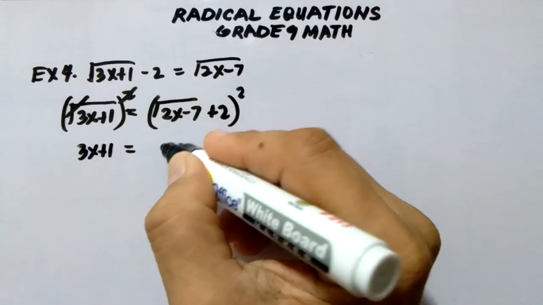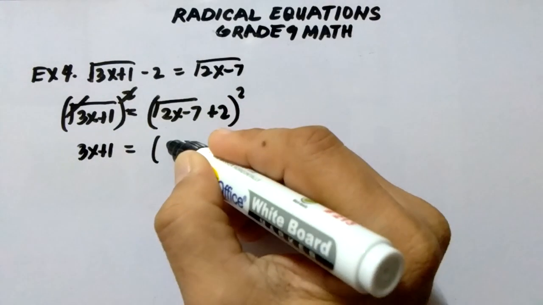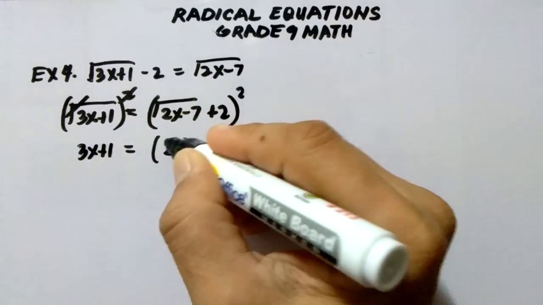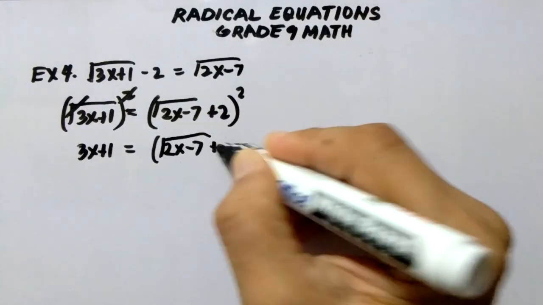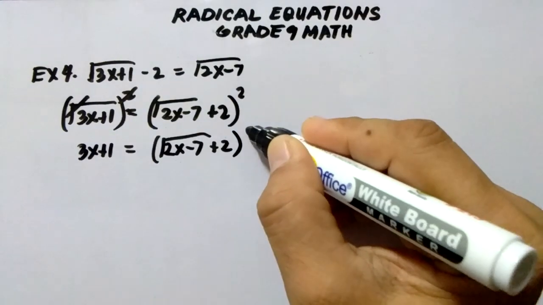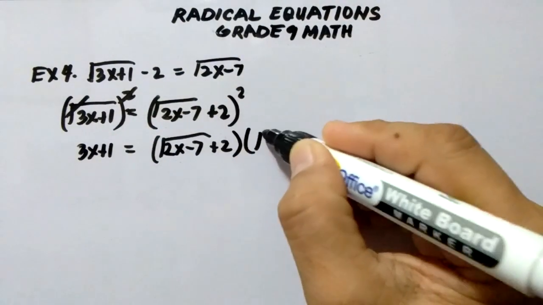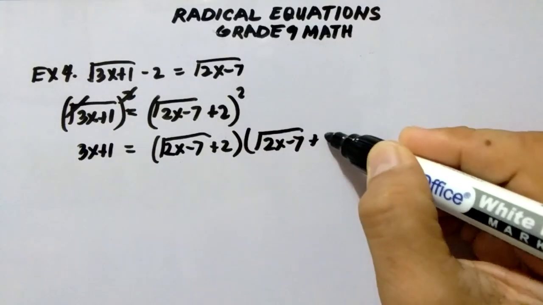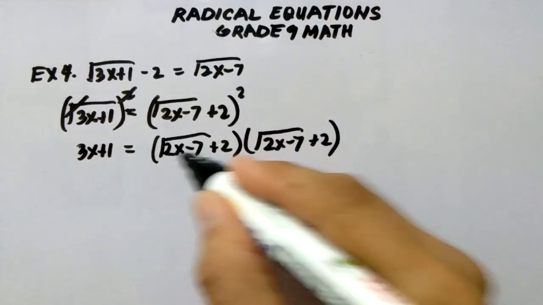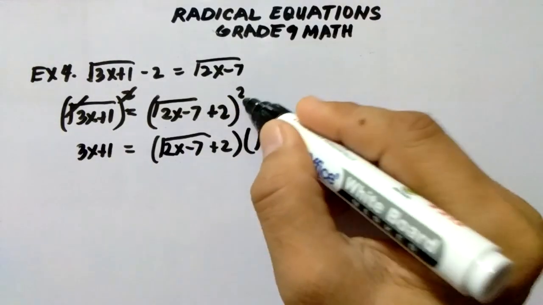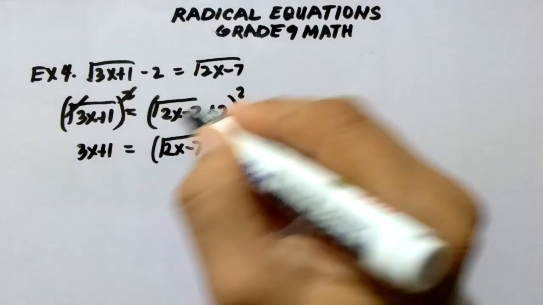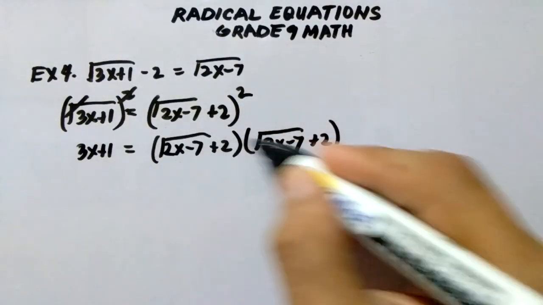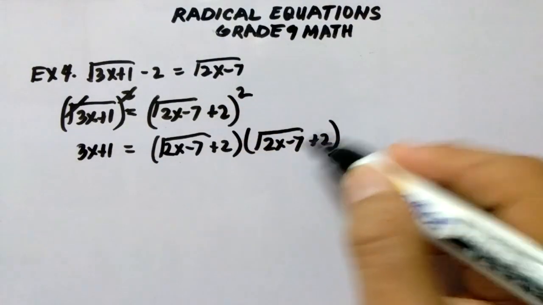So, we have the quantity square root of 2x minus 7 plus 2 times the quantity square root of 2x minus 7 plus 2. Ganyan po ang magiging result nito pag in-expand po natin to. Squared po kasi ito. So, dalawa po ang ilalagay natin dito to expand.